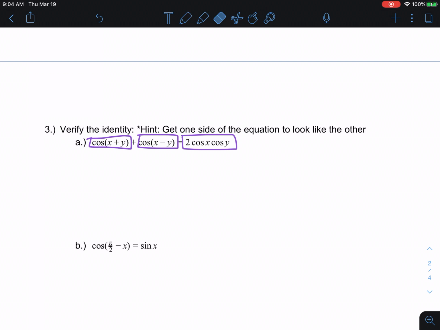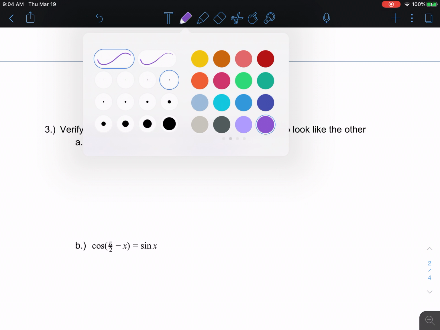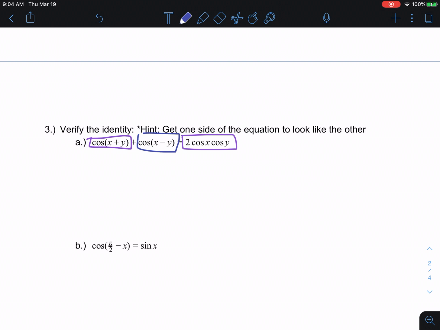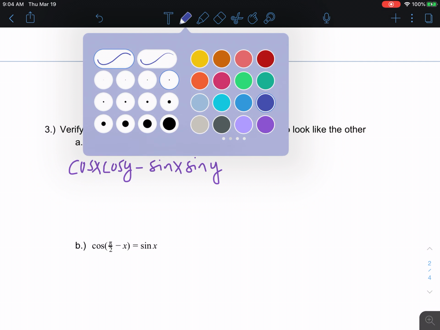So this first one, let's do this in different colors here. The first one that I'm going to expand will become cosine x cosine y minus sine x sine y. We're taking this addition of cosine and expanding it all the way through.